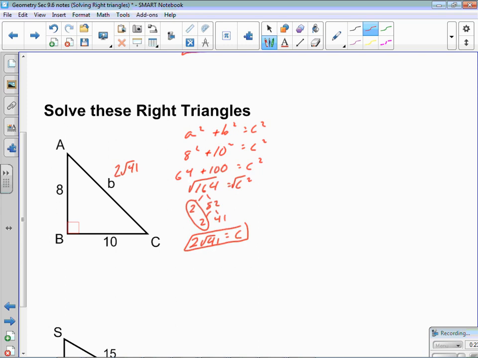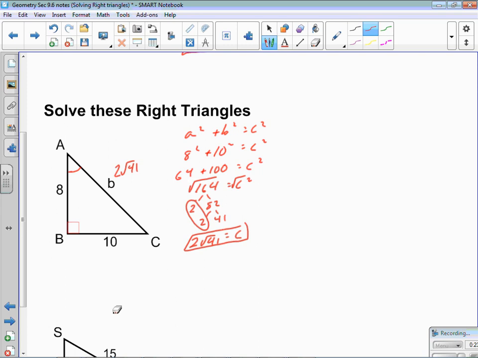All right, so we got that side figured out. And now we can look to solve for the two angles. So start with angle A, and to make it easy, I'm going to try to avoid using the 2 square roots of 41. So from angle A, we got two sides.